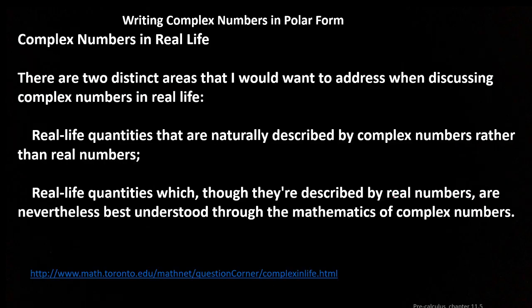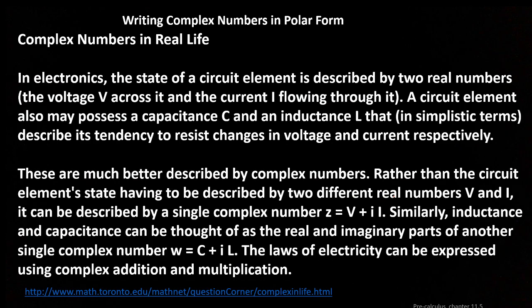Now, complex numbers in real life, I'm going to give you one example. For example, in electricity, the state of a circuit element is described by two real numbers, but these are much better described by a complex number.